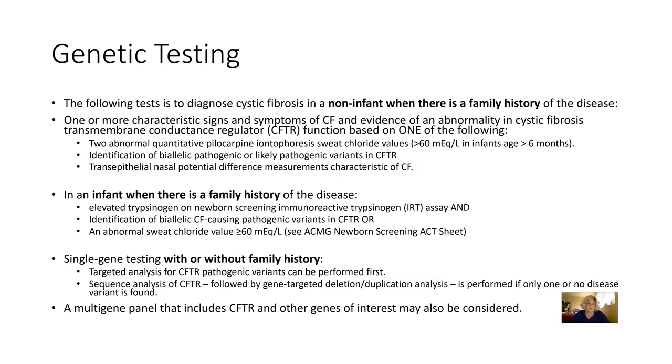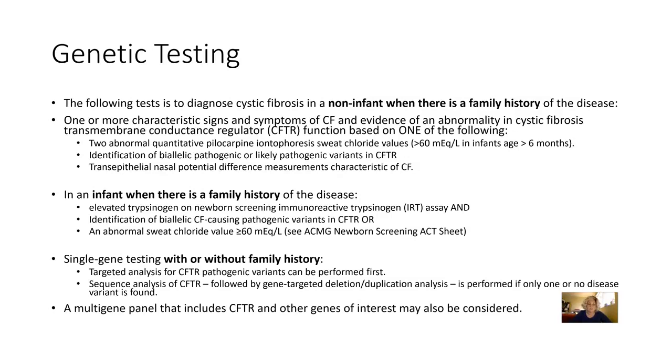You could also do single gene testing with or without family history. So this is the targeted analysis of the CFTR pathogenic variants that can be performed first. And then if it's inconclusive, you could do a sequence analysis of CFTR followed by gene targeted deletion duplication analysis. And that's performed if only one or no disease variant is found.